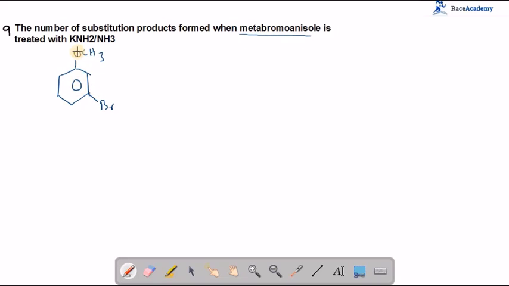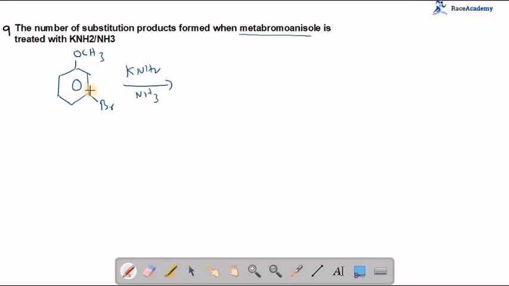This is what we will call meta-bromoanisole. Benzene ring with OCH3 is called methoxybenzene or anisole. In this meta position we have bromine. That's why we call it meta-bromoanisole. It is KNH2 in ammonia. If you take this one, what will happen?